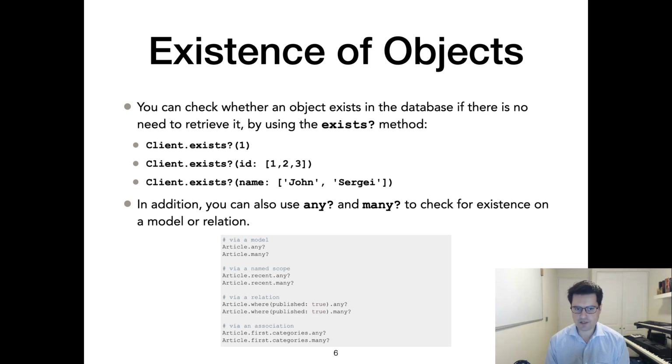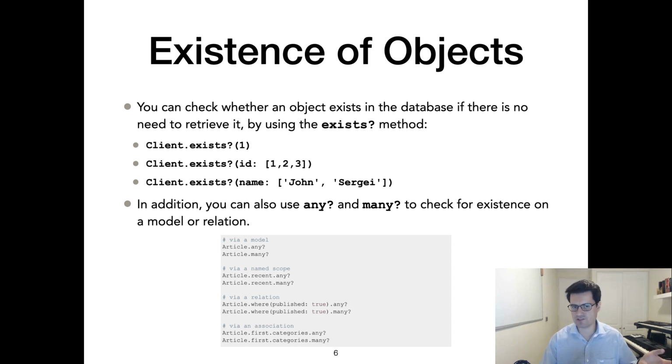So first of all, in order to establish whether a given model exists given its ID, there's a method called exists? with a question mark at the end. You can simply call Client.exists? and ask for the first ID, and it will tell you whether that record exists or not.